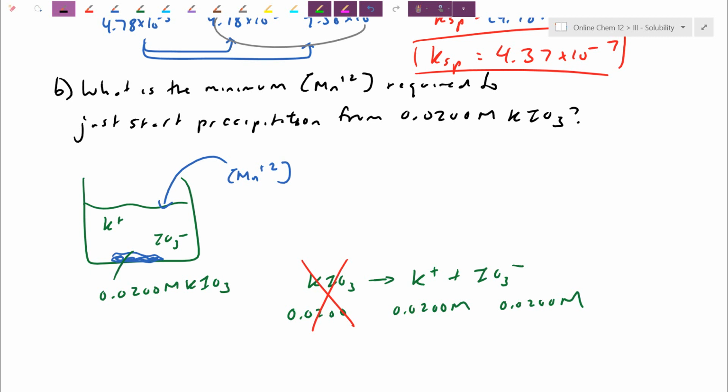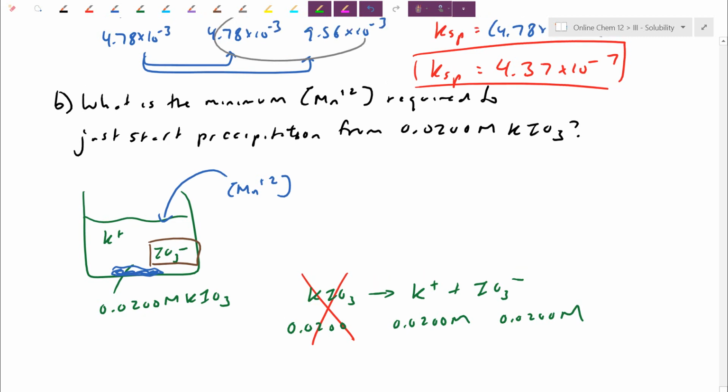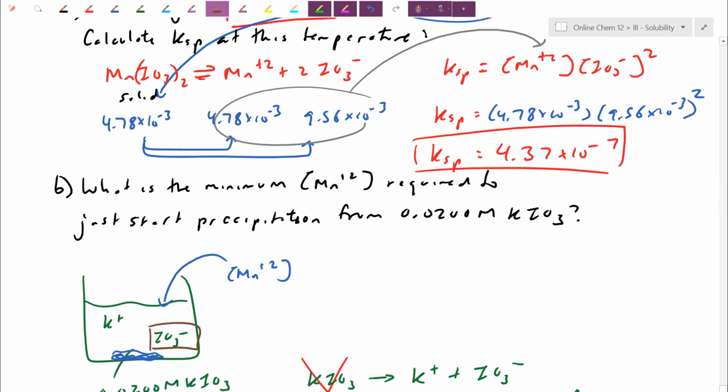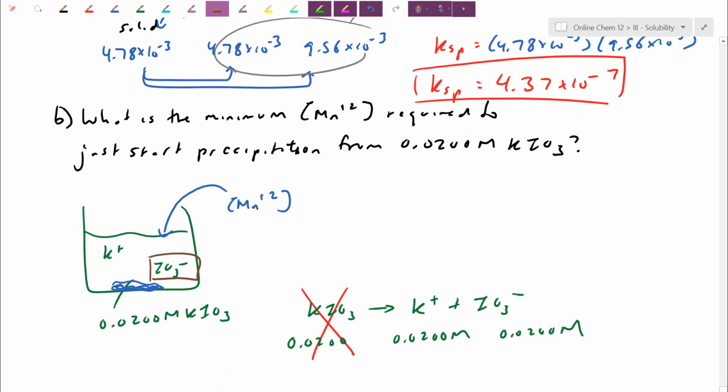I'm going to toss in manganese here, a little bit easier than the earlier question. I don't have that counterbalancing negative ion. I just want to focus on the manganese. I want to know how much manganese I can toss in given the iodate that's already present. By the time I multiply and end up hitting this 4.37 number, I'm going to then crystallize out.